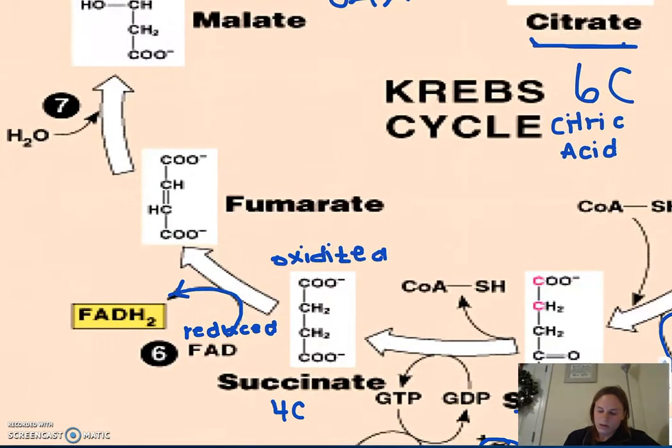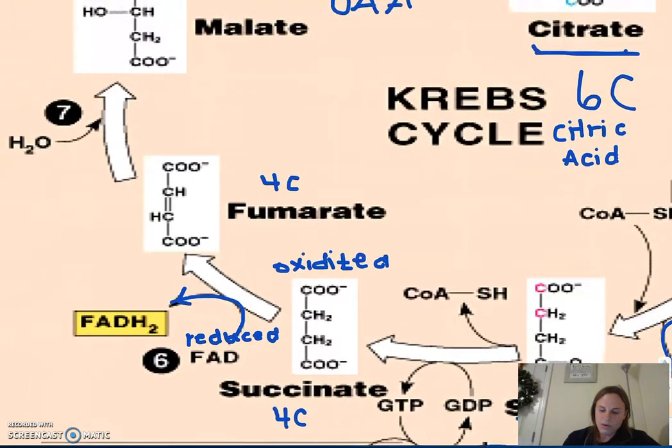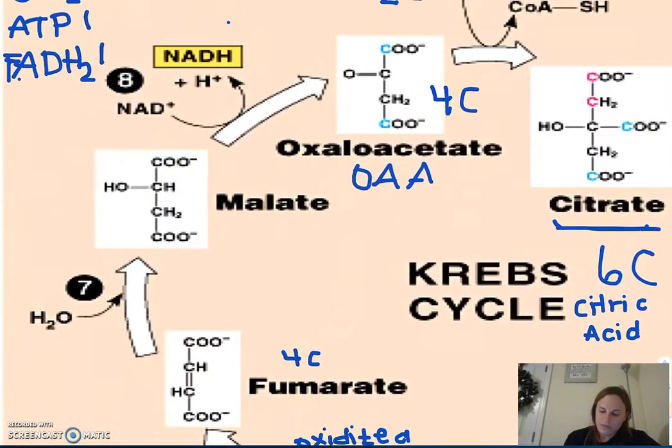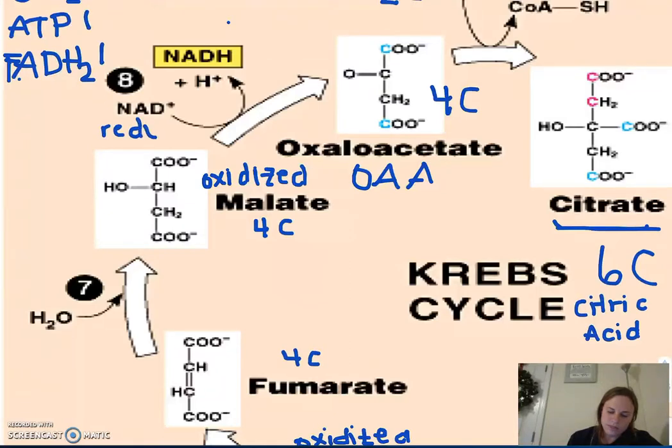Moving along, fumarate is still a 4-carbon compound. Water enters the picture. Malate is still a 4-carbon compound, which will be oxidized, thus enabling NAD to be reduced, giving us our third NADH.